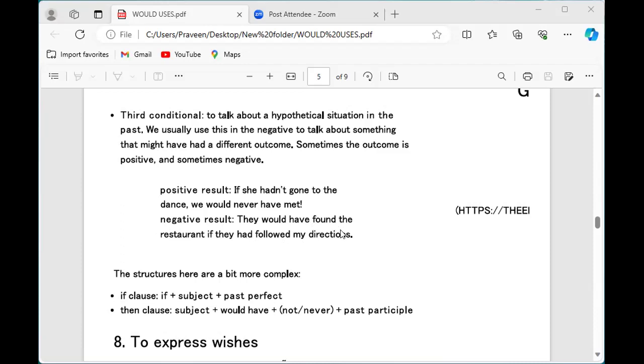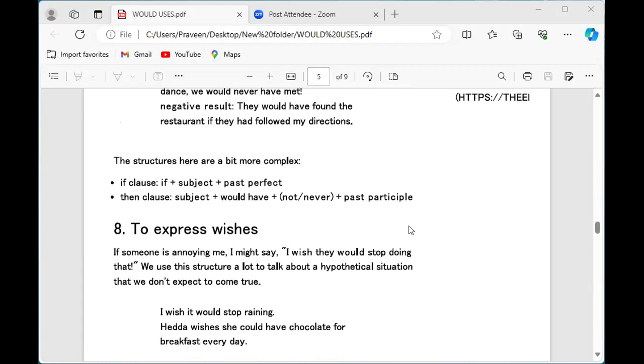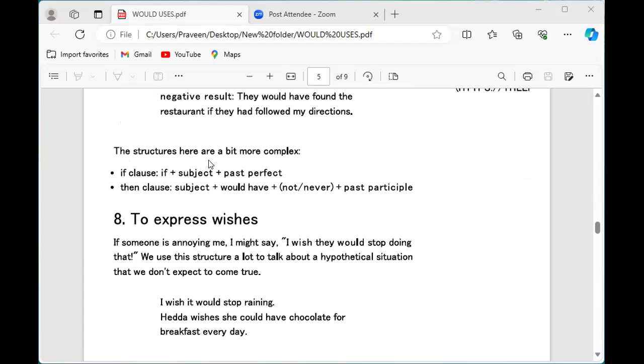If they had followed, they would have reached it. Since they did not follow my directions, they didn't reach. That is what it means. The structure here is a bit more complex. If clause: if plus subject plus past perfect. Then clause: subject plus would have plus past participle.